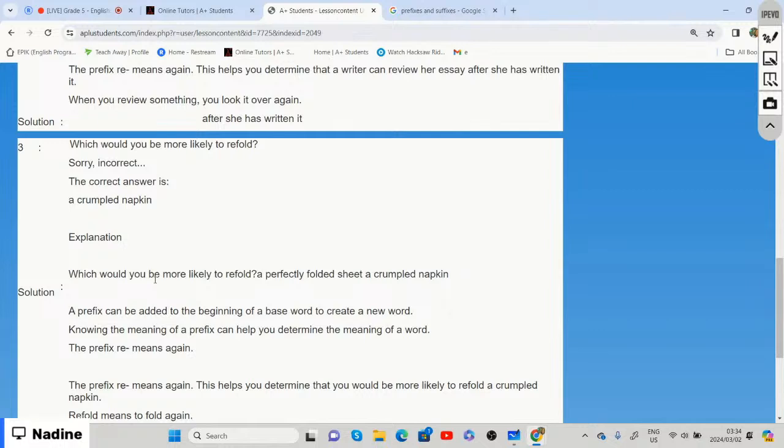The only time you would maybe want to refold your clothes would be if, let's say, your pet, specifically a dog, ran over it. So we refold again when you haven't folded properly.